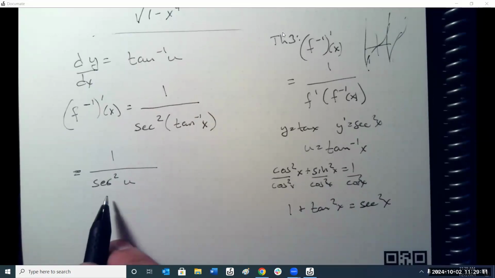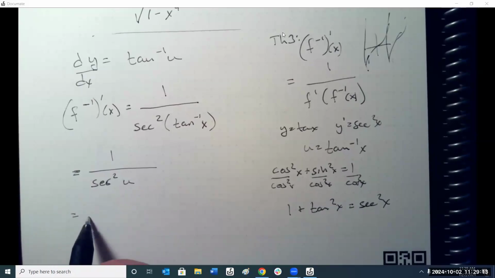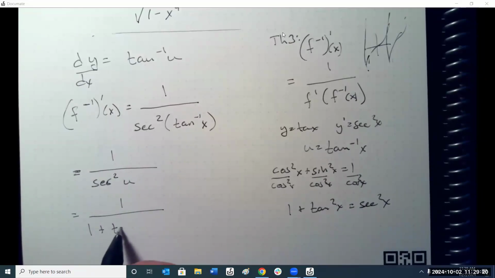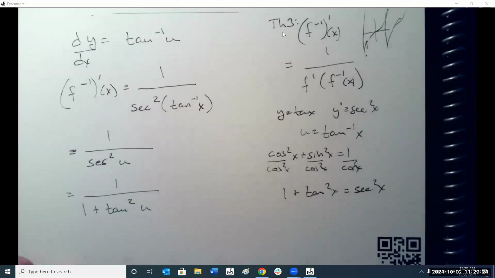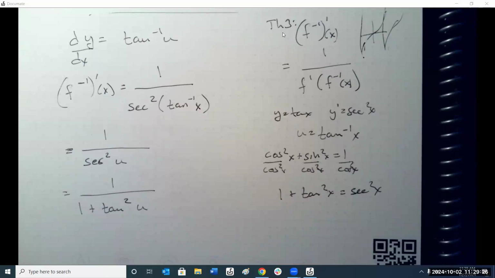So secant squared becomes 1 plus tangent squared of u. Now, why did we do that?